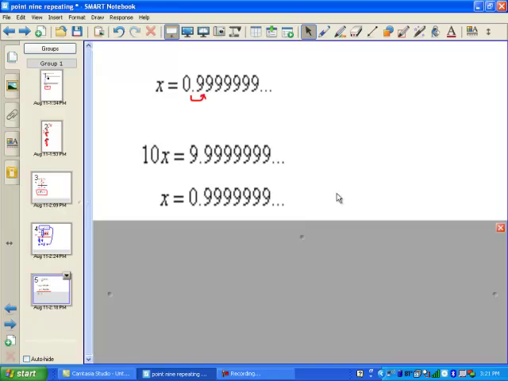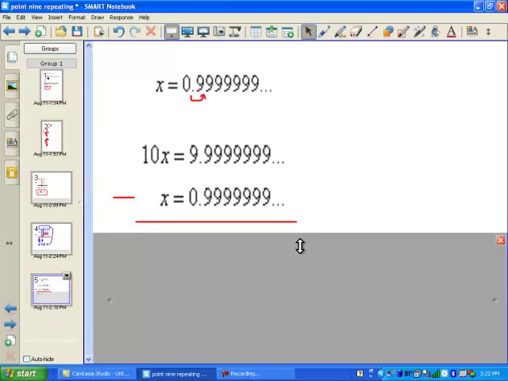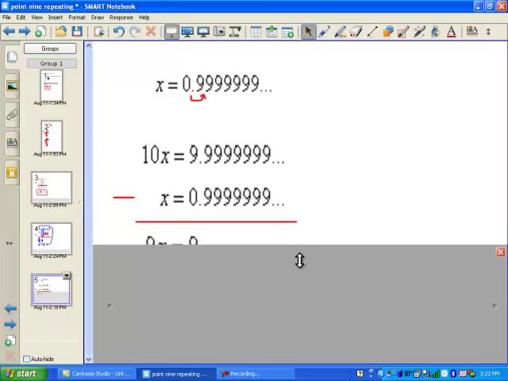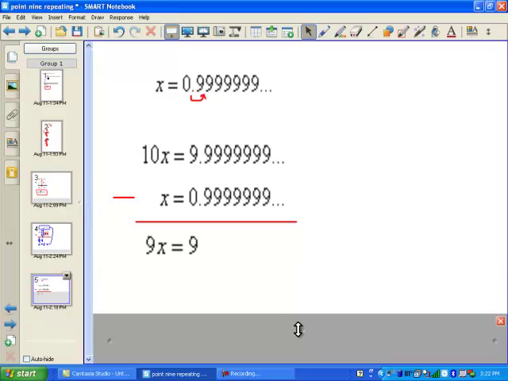And of course, now what do we want to do? We want to take these two expressions and subtract them. Okay, there we go. So when we subtract 10x minus x, what do we get? That's right, 9x. And on the right-hand side, as we subtract, each of the 9's that follows the decimal point has a 9 below it that will cancel out all the way along here.